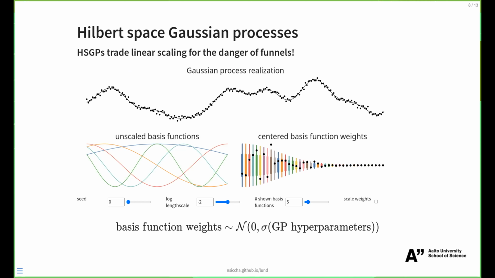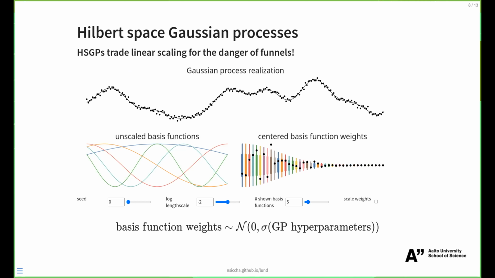Because the prior on the basis function weights now depends on the hyperparameters of the Gaussian process, this will again give you this hierarchical structure, because these basis function weights have a prior which is essentially normal with some standard deviation which depends on your Gaussian process hyperparameters. And then you can visualize it in 2 ways. This would now basically be the prior distribution of the centered basis function weights. And there you can see that with the increasing frequency of the basis function, your weights decay.